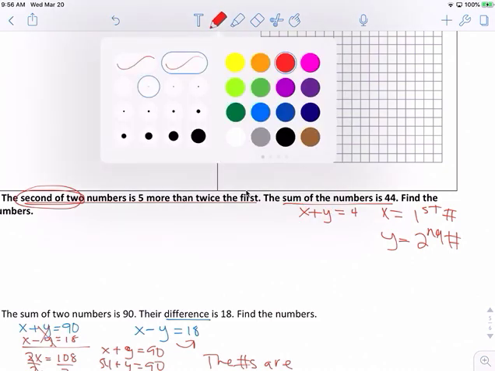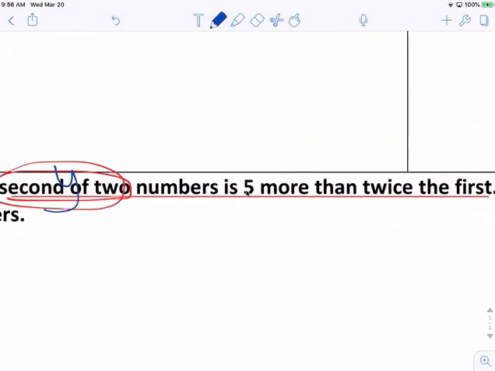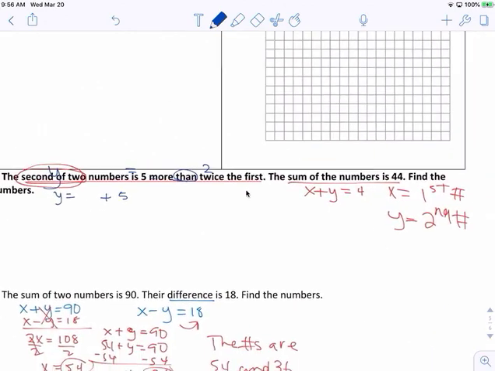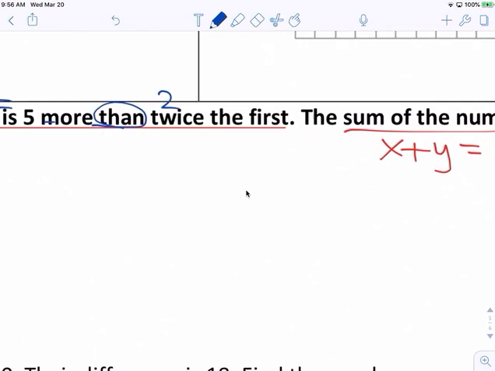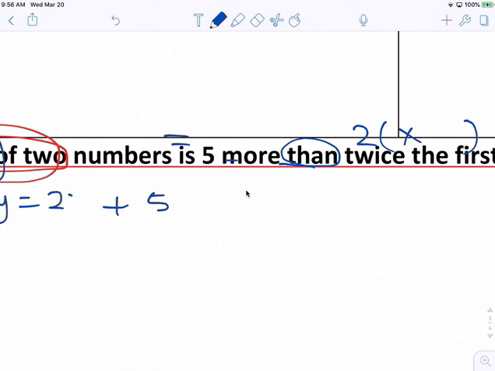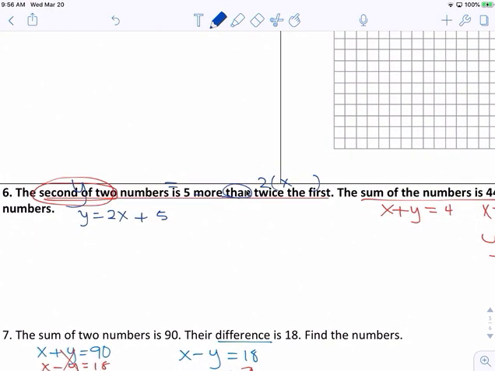So this says the second of the two numbers, so y equals 5 more, plus 5, then we flip, that's why it's plus. Twice the first number is x, twice is 2 times x, so 2x. Okay, you use substitution.